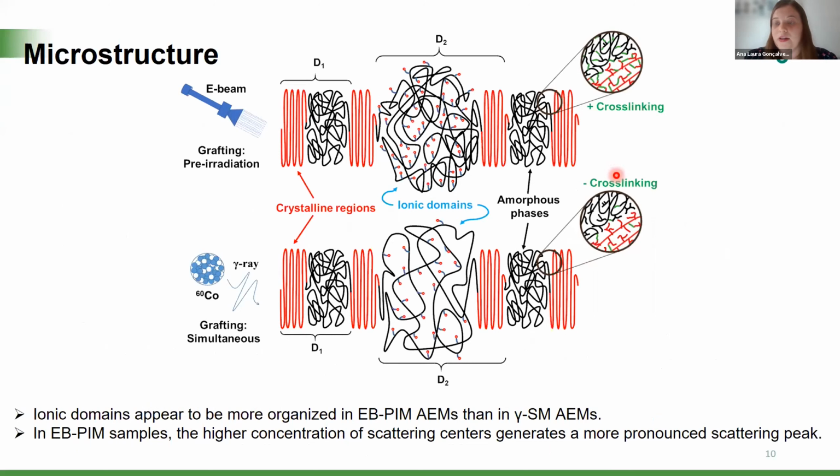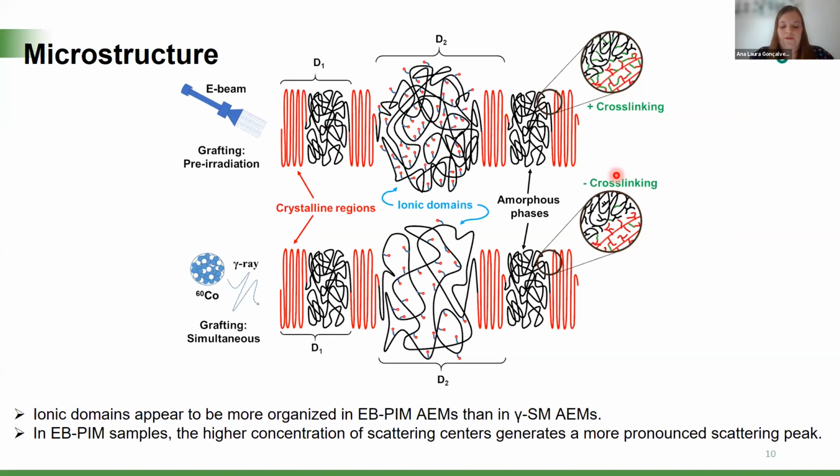The anion-exchange membrane microstructure determines the water distribution, the size of ionic clusters, and the interface between hydrophilic and hydrophobic domains, and this will influence the water and ion transport process in the membrane. So we tried to understand the difference in the microstructure between these two types of membranes, and we used the SAXS technique.